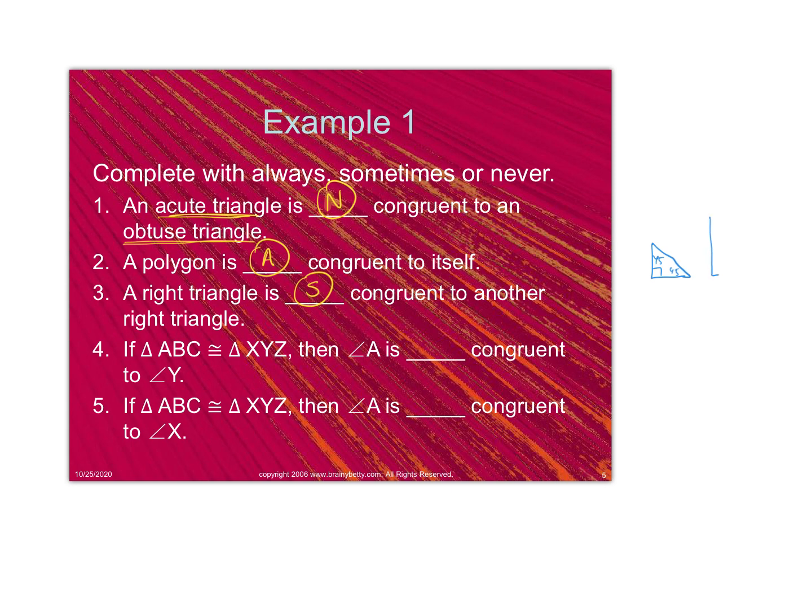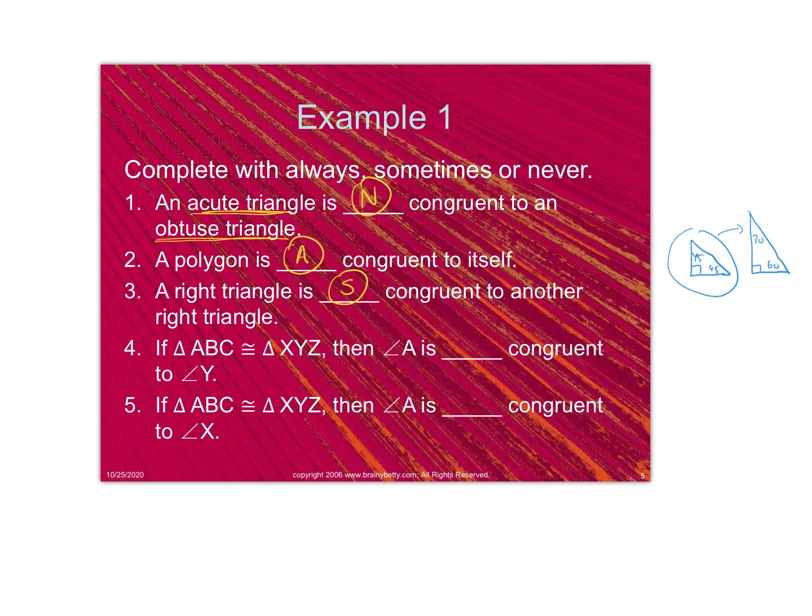I could have a right triangle that is like a 30, 60, and 90. So I might have another one like this, so they would match, or I might have one like this that doesn't match. So again, sometimes they could be congruent and sometimes they won't.